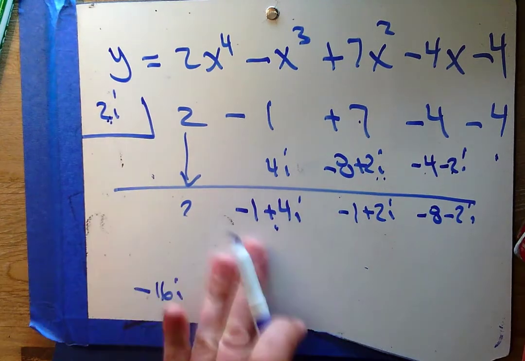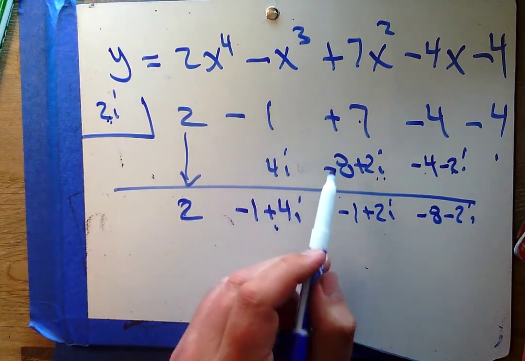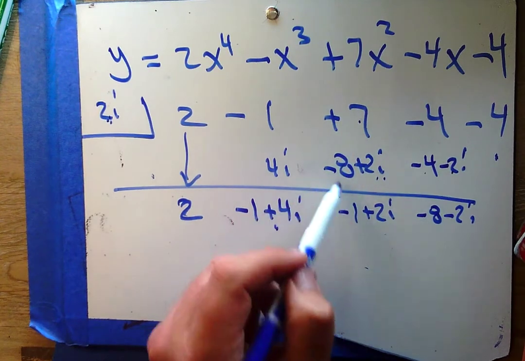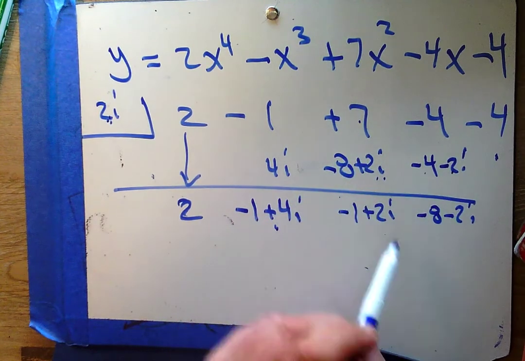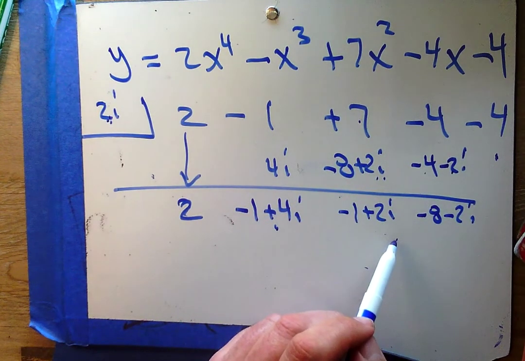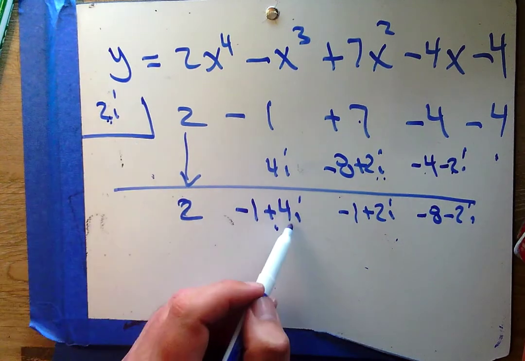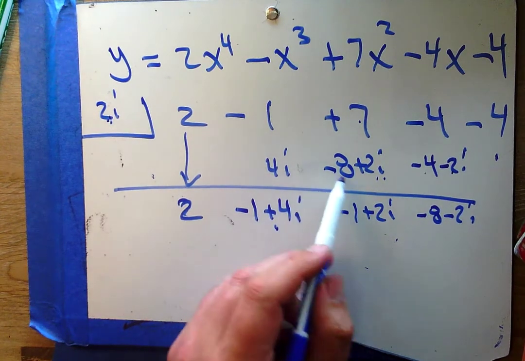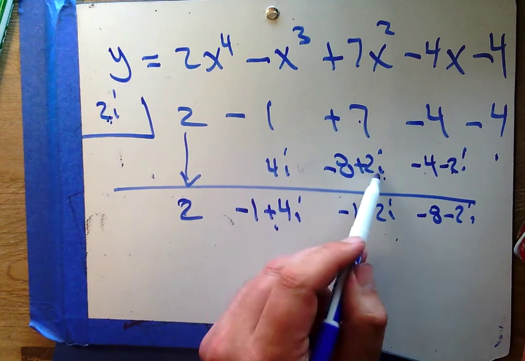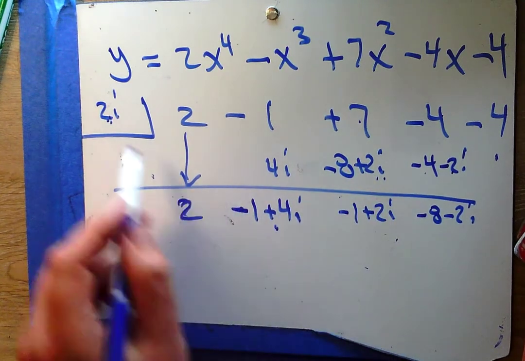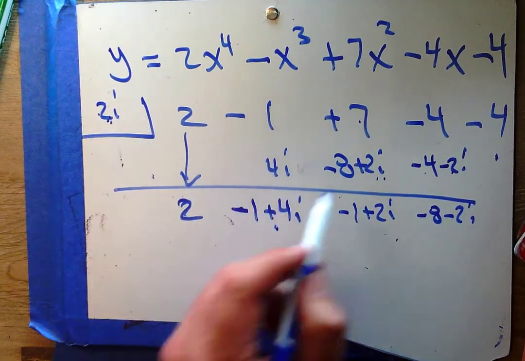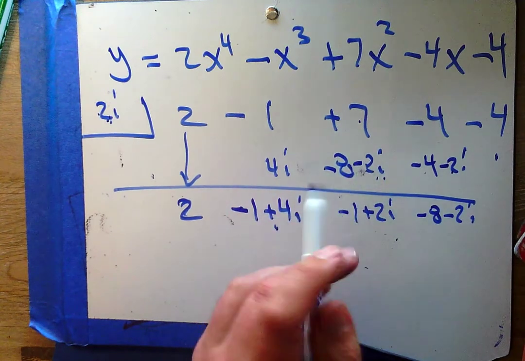So let me go back, please, to this place. That is negative 1, and that is 2i. If I multiply this times this, I got 8i squared, which is negative 8, and this makes negative 1, negative 2i.